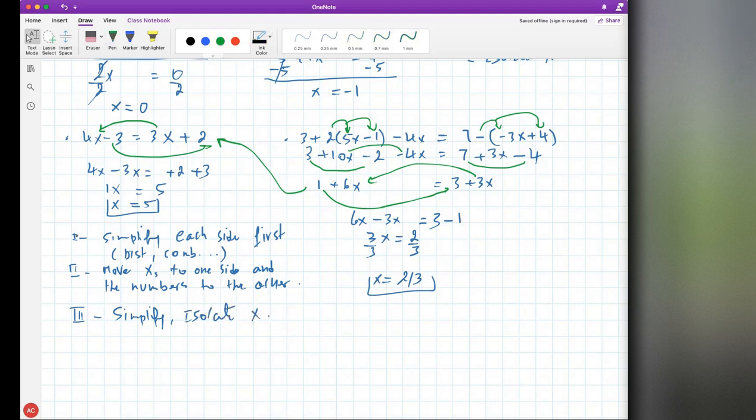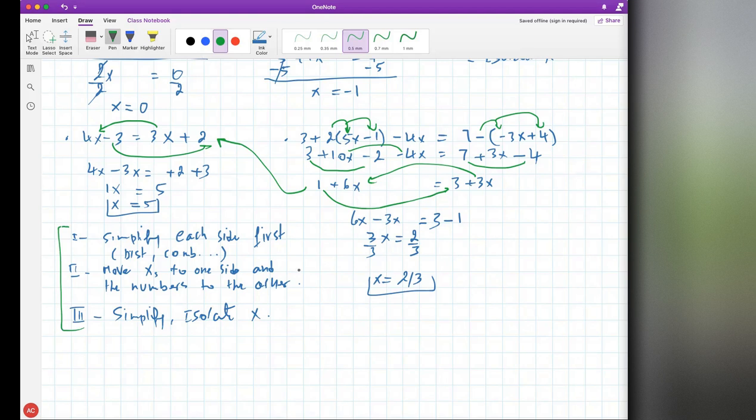So it doesn't matter how long the equation is, it's going to involve these 3 steps. Doesn't matter how long it is, you go by these 3 steps, and every time you'll get your solution. Again, a lot of it is basically adding and subtracting. Those are the properties we learned last time.